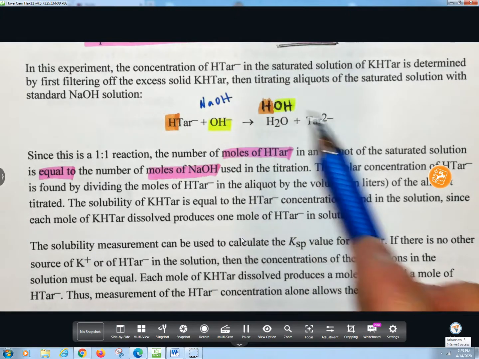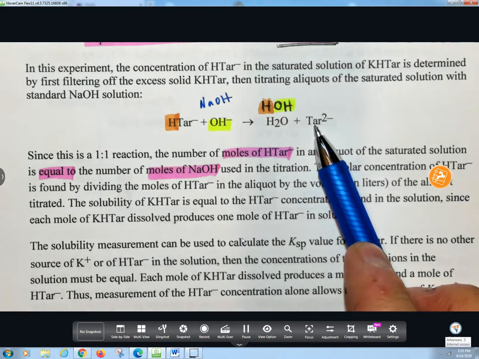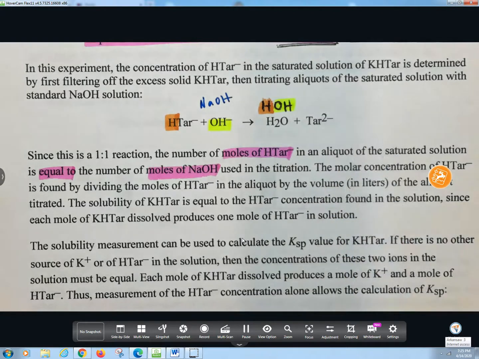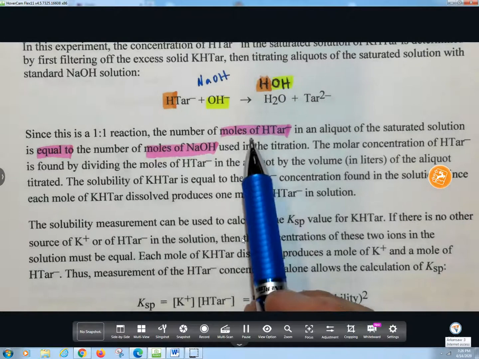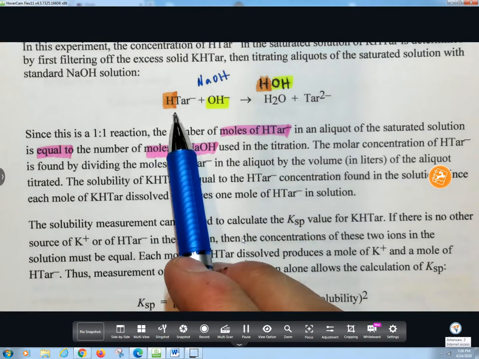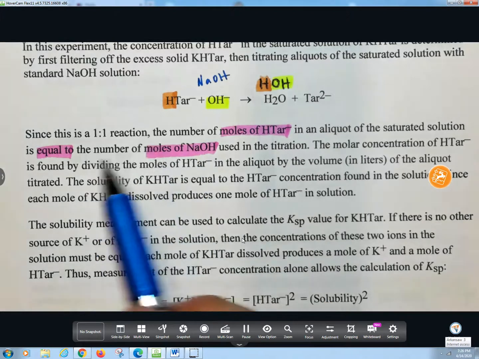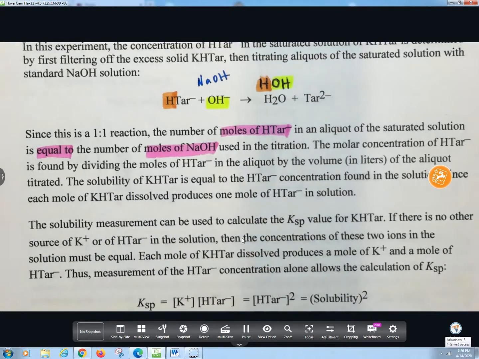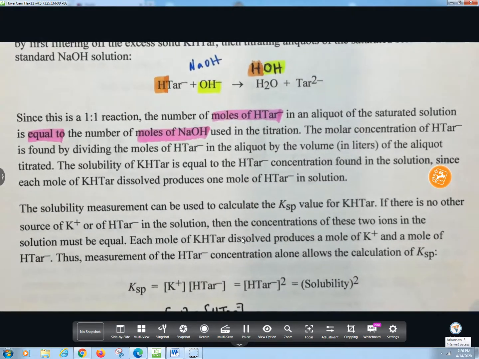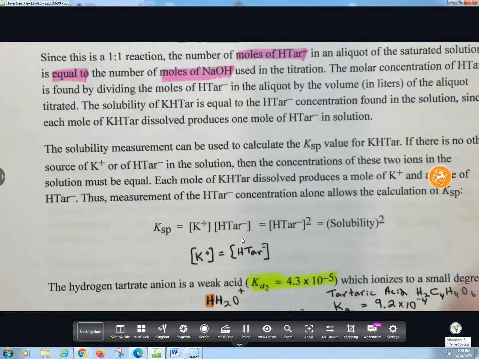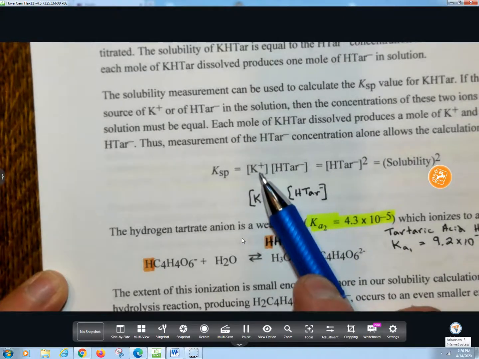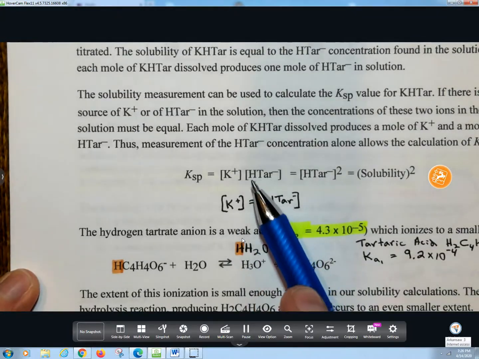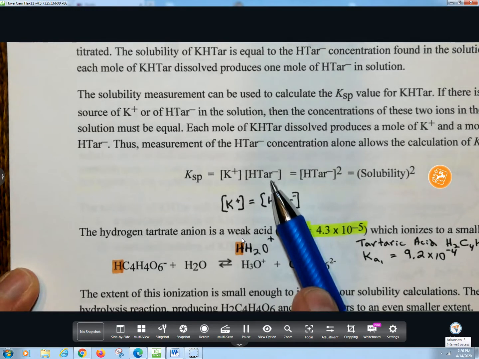We are going to get water and the tartrate 2- ion. Since this is a 1-to-1 reaction, the number of moles of hydrogen tartrate here is equal to the moles of OH-. So that's the key to it. Then, of course, we can get our Ksp out of this. We also know that our K plus is equal to our hydrogen tartrate ion.